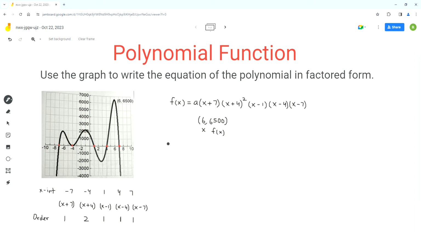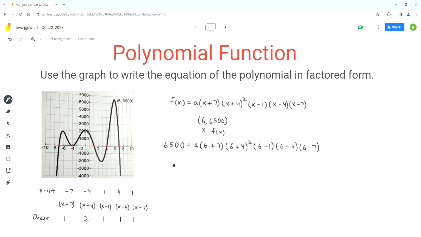So we'll start by writing 6500 on the left side. So we get 6500 equals a times (6 plus 7) times (6 plus 4) squared times (6 minus 1) times (6 minus 4) times (6 minus 7). So we replace all x's with 6.